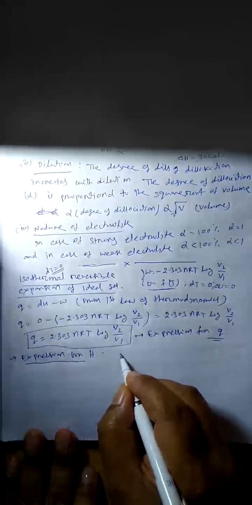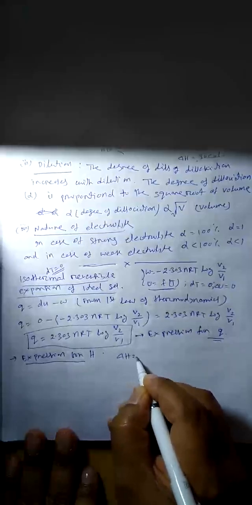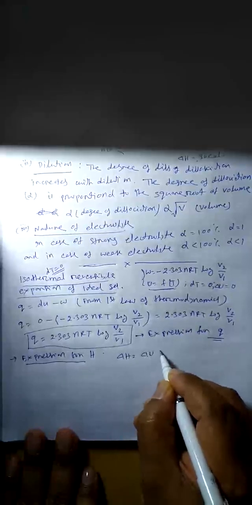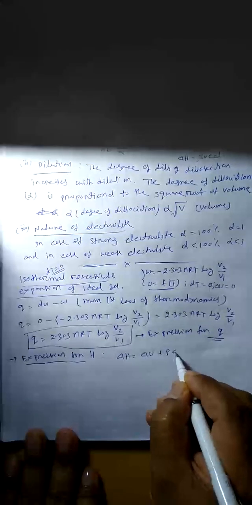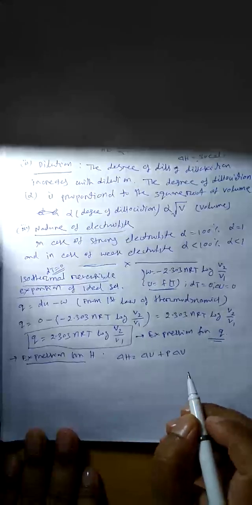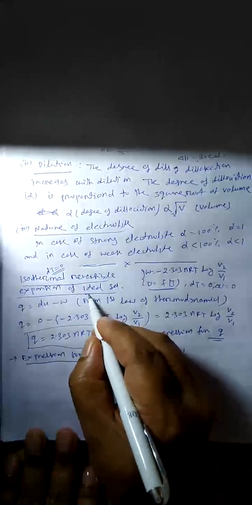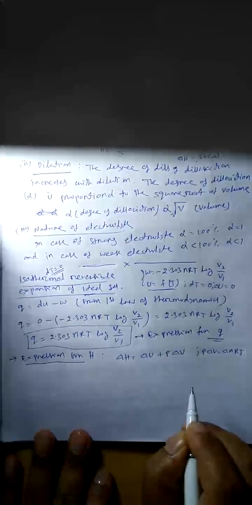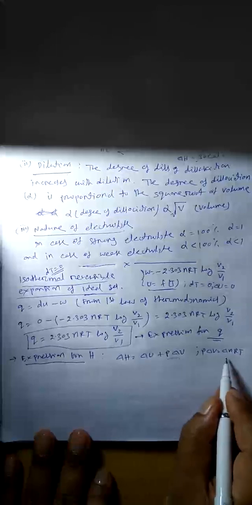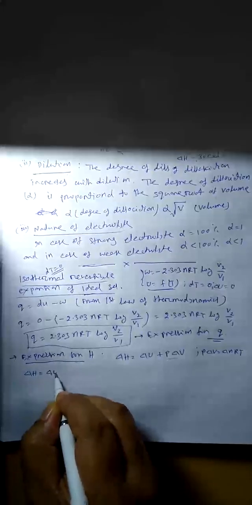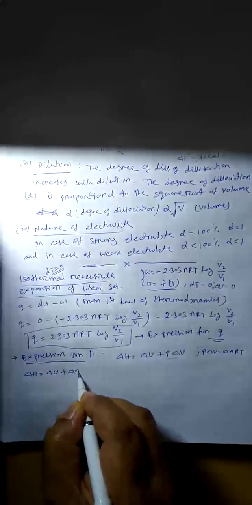We know that delta H is equal to delta U plus P delta V. For an ideal gas, we consider P delta V is equal to delta n RT. Instead of P delta V, I can write delta n RT. So delta H is equal to delta U plus delta n RT.